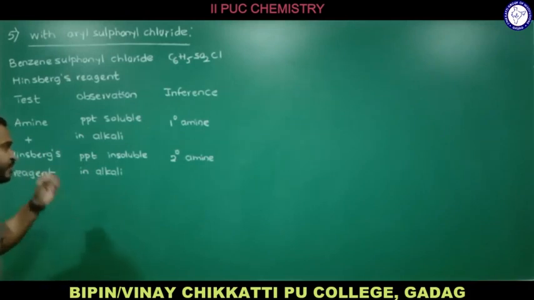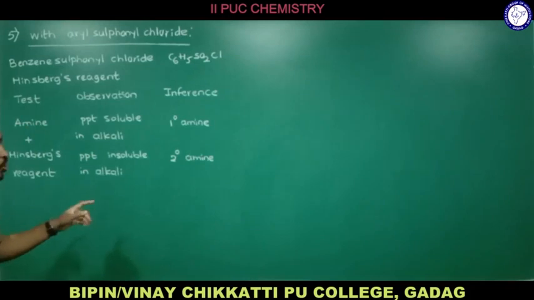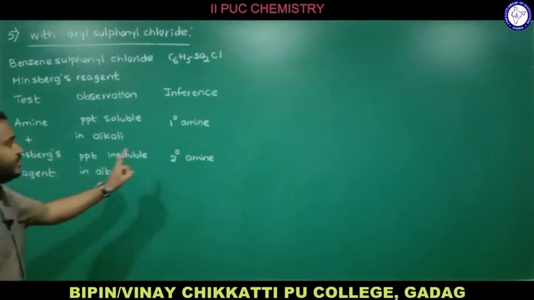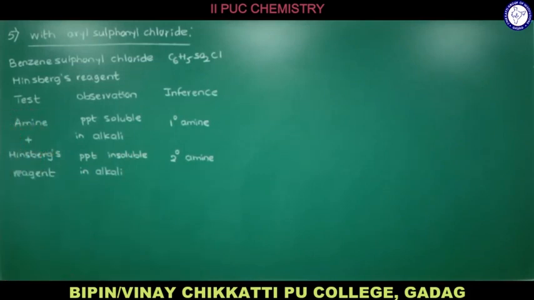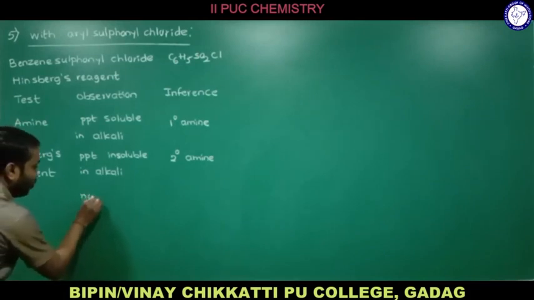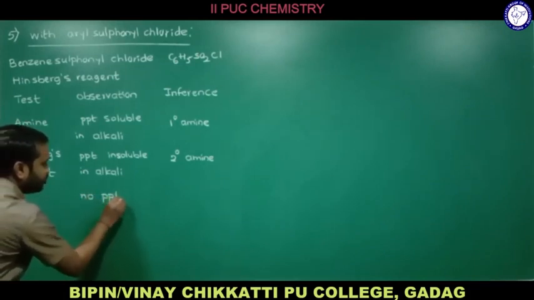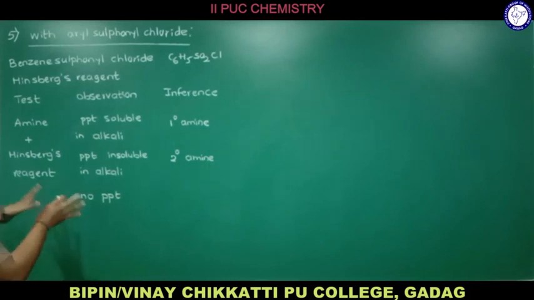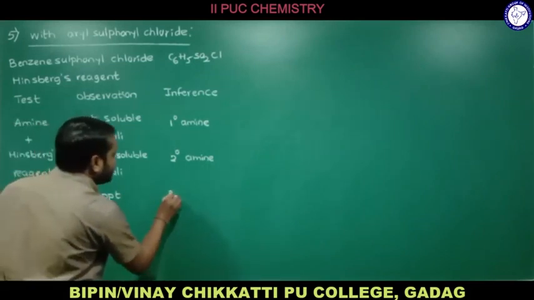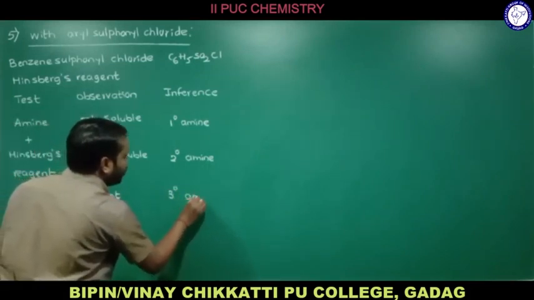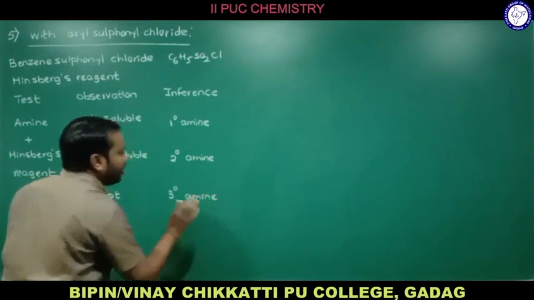If you go on adding potassium hydroxide, the precipitate remains as it is. The precipitate does not dissolve in the alkali, and based on that I can say the given amine is a secondary amine. When you consider amines and the Hinsberg reagent reaction, and if there is no precipitate, no formation of precipitate, and you get a clear solution, that indicates the given amine is a tertiary amine.